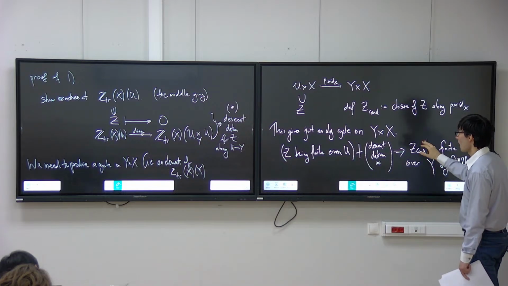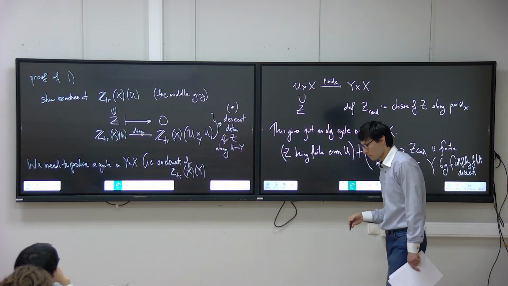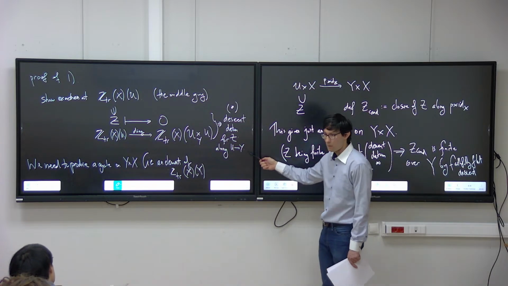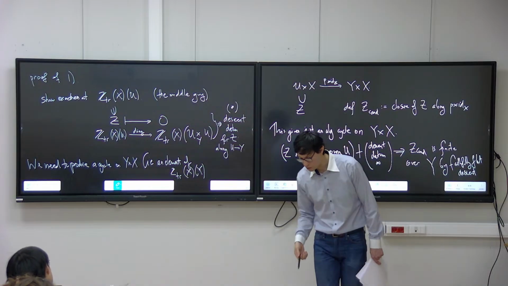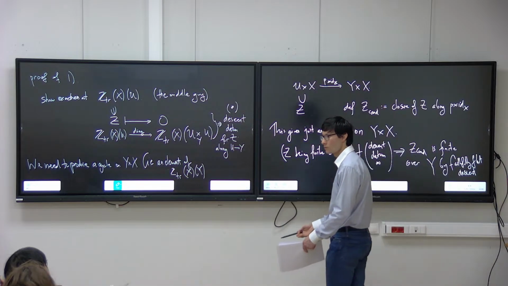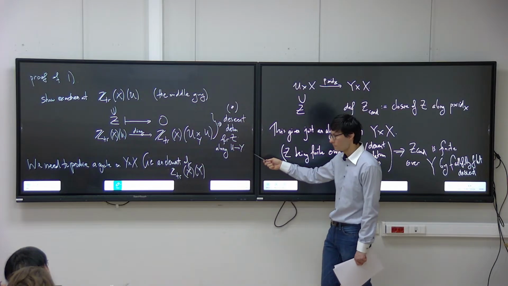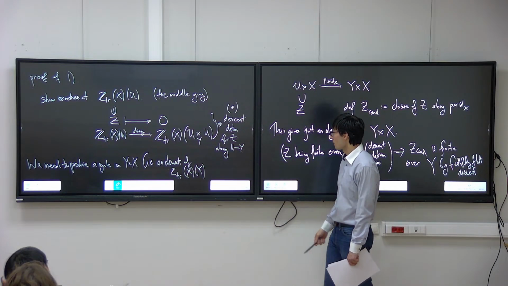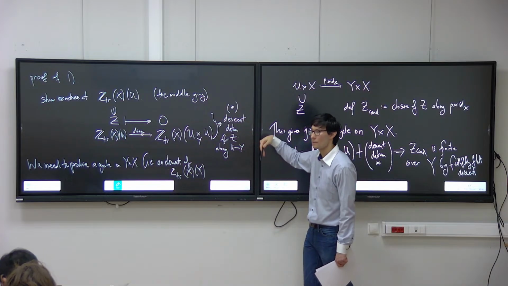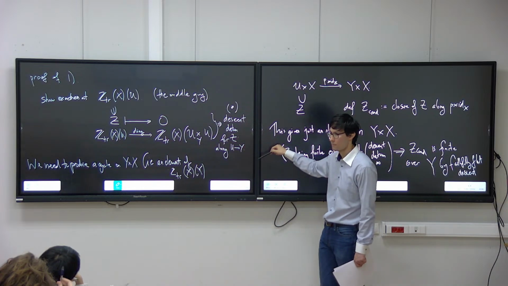Again, there's some unraveling of definitions here, but what is really going on is that if I have a faithfully flat map, like a Nisnevich covering, which is a tau cover by definition, so it's smooth, so it's flat, so all the tau morphisms are flat. If I have a flat surjection and something finite over the source, then together with descent datum, I can descend that down to something finite over the target.